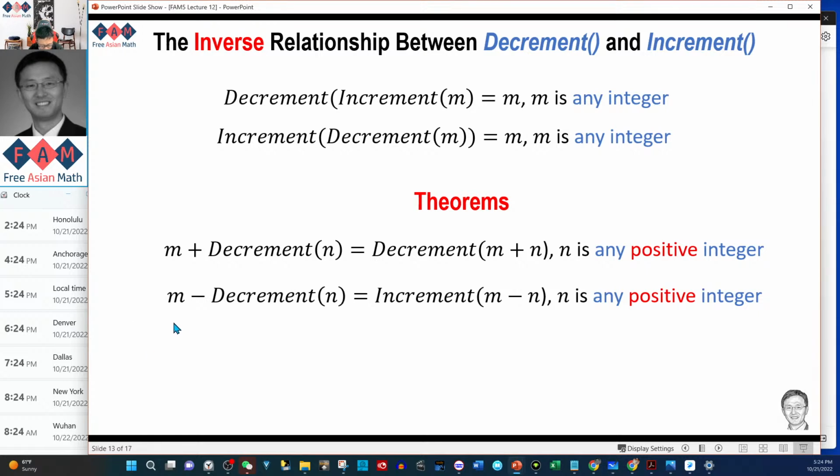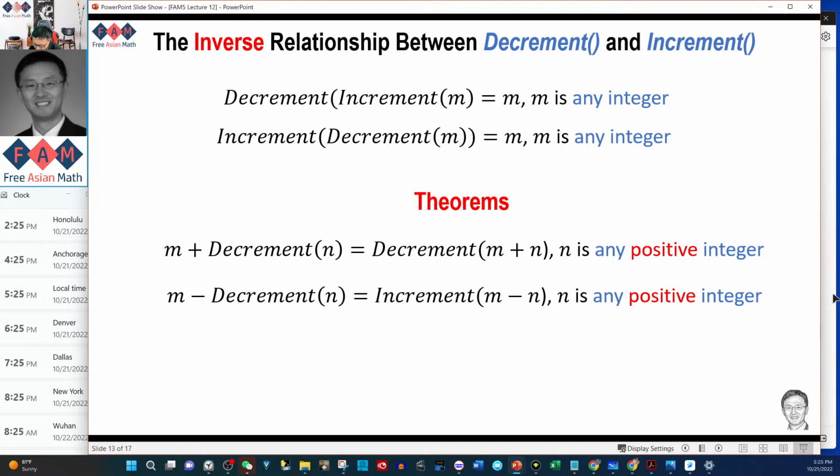What this means, m subtracting a decrement of n, equals we subtract n itself without performing the decrement first. We are subtracting n. But at the end, we do an increment. That's very important. Why is this true?